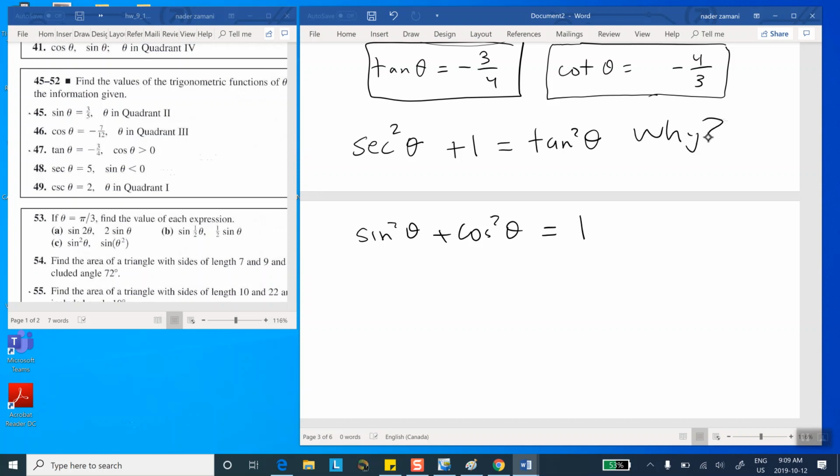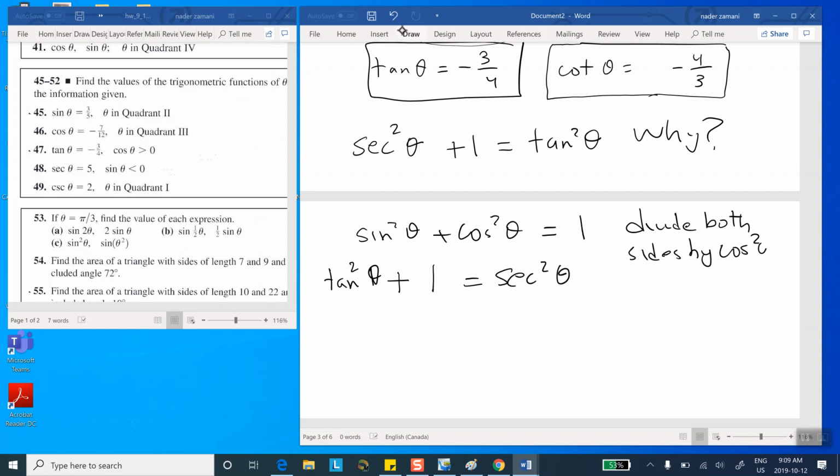Let me say, why is this thing true? You write this, this we know. If you divide both sides by cosine squared, when you do that, over here you get tangent squared theta plus 1, and this is equal to 1 over cosine squared, which is secant squared, which means that I made a horrible mistake there.